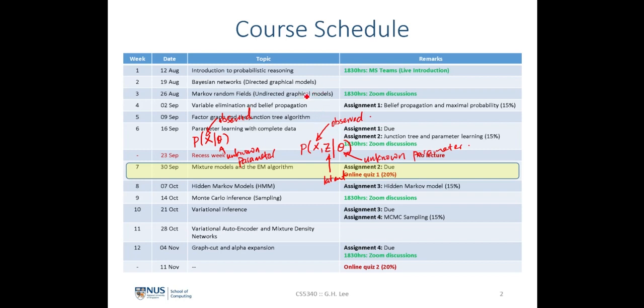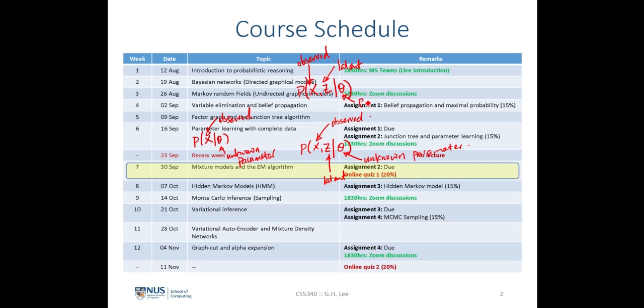So in that case, let's also write it in a similar form. What we are interested in is this particular distribution, where we are given x and z conditioned upon theta. We are interested in solving for the set of latent random variables, given the observed or evidence nodes as well as the underlying probability distribution.